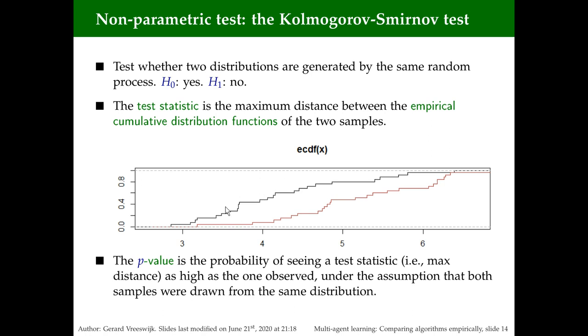And if this pair of cumulative distribution functions has a low p-value, then it's very unlikely that those two distributions are generated by the same process, and you may safely conclude that the two learning algorithms perform differently.